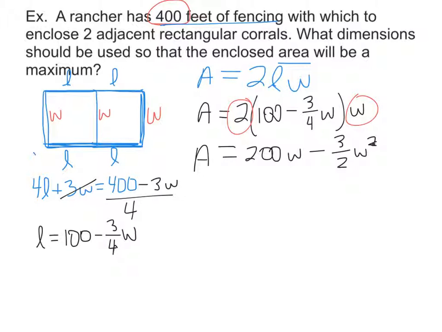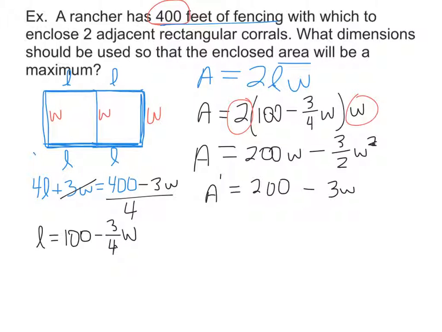Now to find the maximum, I gotta take the derivative, find my critical numbers, and plug those in for what my maximum would be. So the derivative of A with respect to W, 200W is going to be 200, minus, well, 3/2 W squared multiplied by 2 would be 3W.